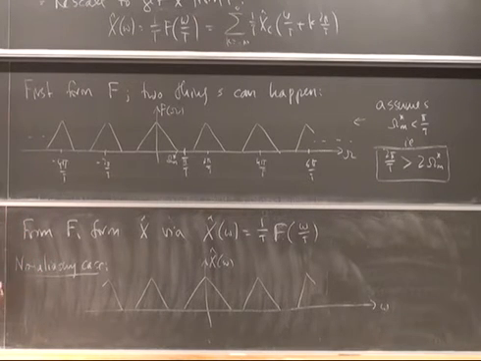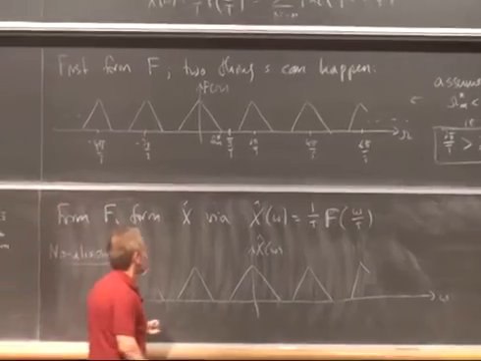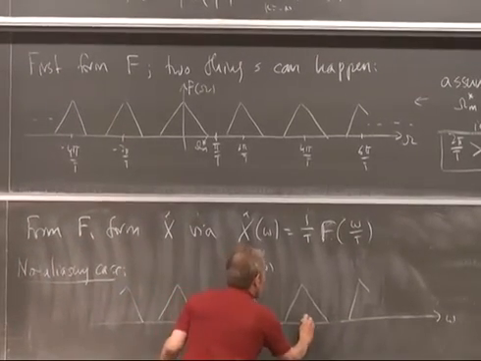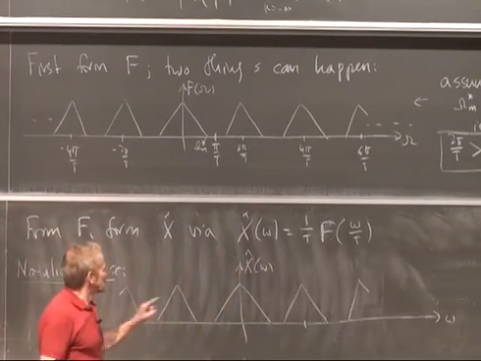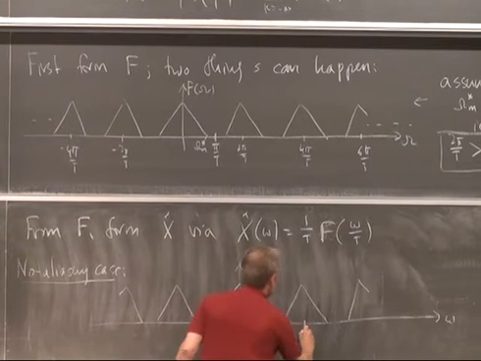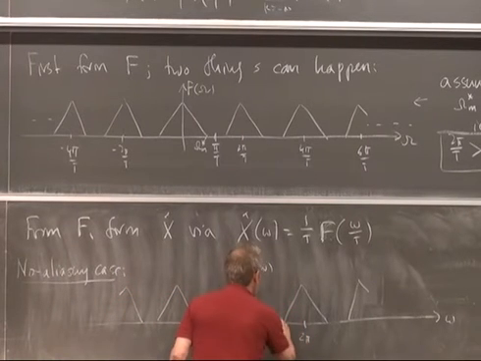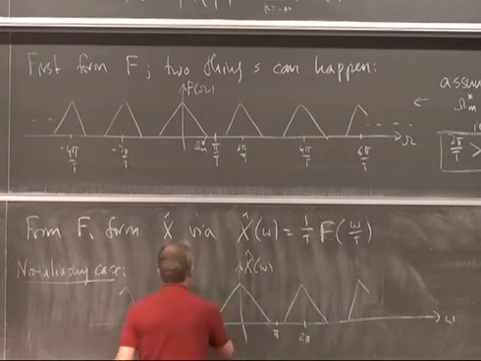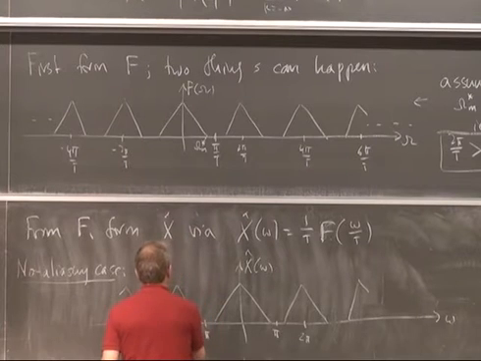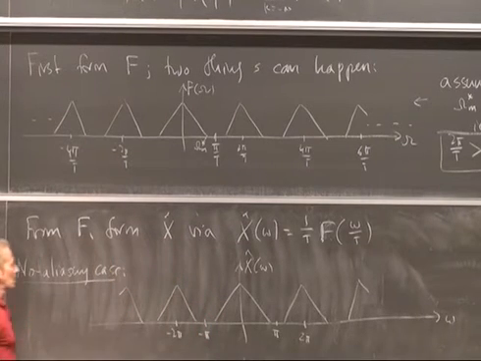I'm not going to be so worried about the height. But instead of having 2 pi over T there, you have 2 pi. And instead of having pi over T there, you have pi. And you have minus pi over here, and so on, because you rescale the frequency variable.